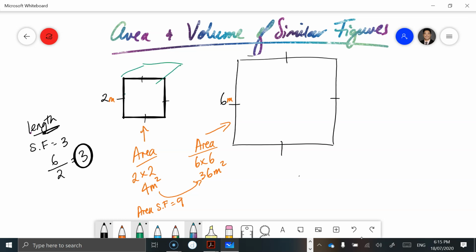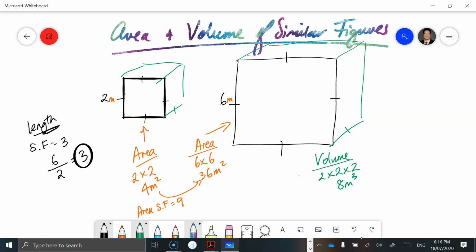I want to go onto volume, and hopefully you'll pick out a pattern here. We've got a third dimension in this case. The volume of the smaller cube is 2 times 2 times 2, which is 8 meters cubed.